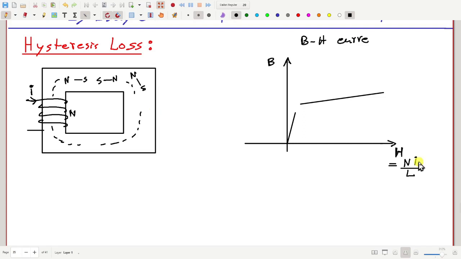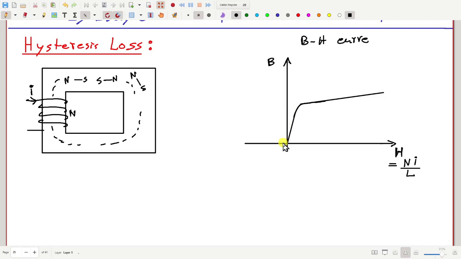So even if I increase current, there is no more molecule left to be aligned, so flux density will not increase much. It will increase only as much as it would have increased even in air or in vacuum. So the graph therefore looks like this. It will be a smooth one, and this part is called the saturation part or air line, and this initial part is called the linear region.